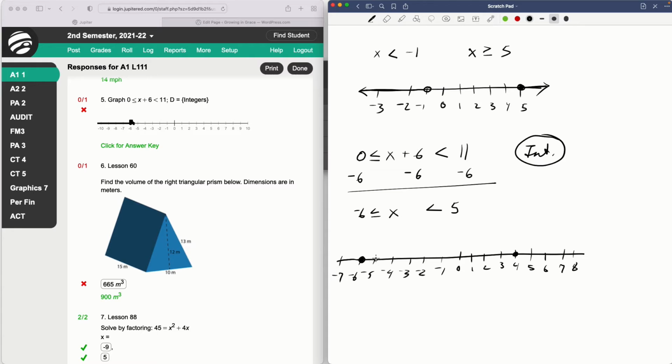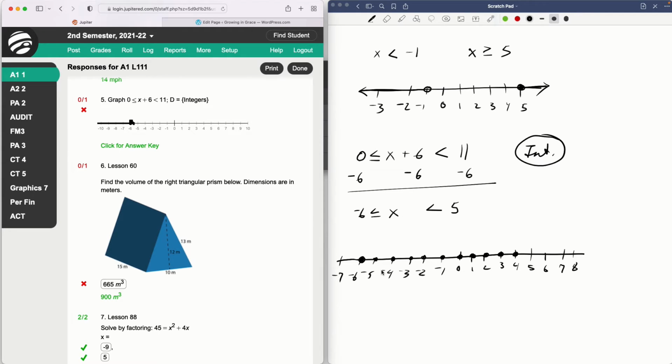And now we just dot every integer in between those two, because x is going to be -6 or bigger and less than 5. And that is how we would graph that. Yes, -6 through 4 is how you would graph it, because it says integers. Okay.